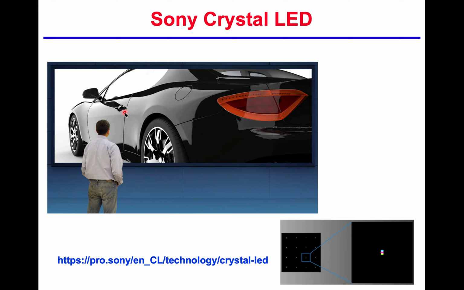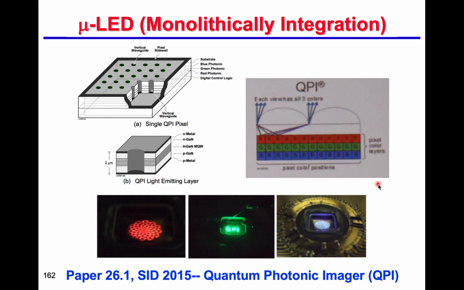The size maybe is not so huge, but they call it micro LED, or Sony calls it crystal LED. It's very small, and the aperture ratio maybe only 1%, but they can emit very strong light, and the size is very small, so the quality is very good.